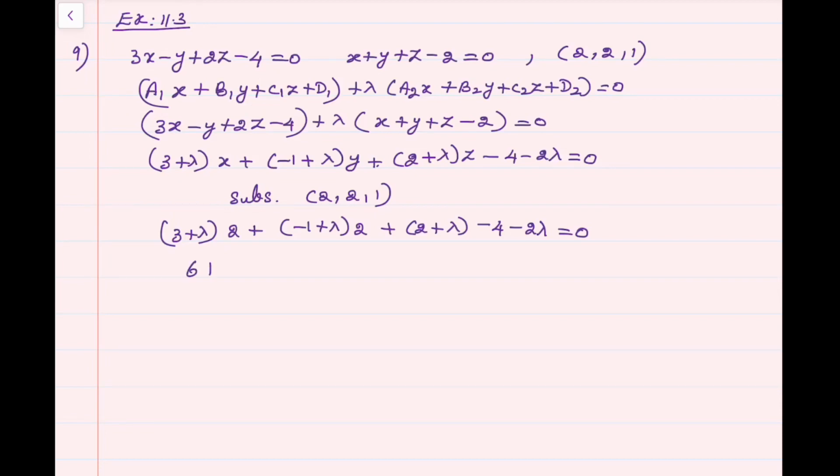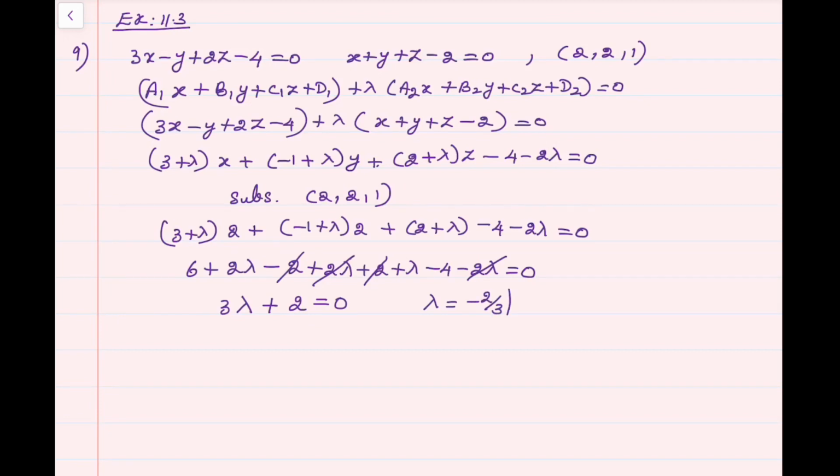Let us open the brackets. 6 plus 2 lambda minus 2 plus 2 lambda plus 2 plus lambda minus 4 minus 2 lambda is equal to 0. These two are getting cancelled. So, we get 3 lambda plus 2 is equal to 0. Therefore, lambda is minus 2 divided by 3.